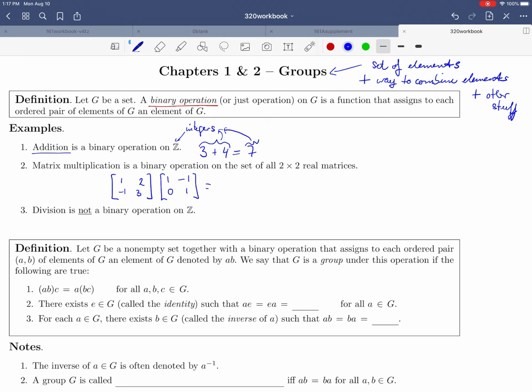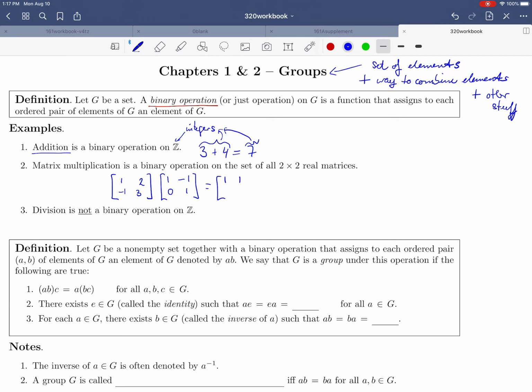using our normal rules for matrix multiplication, so 1 times 1 plus 2 times 0, that is 1. And then the first row second entry is first row in the first matrix times second column in the second matrix. So that's 1 times minus 1 plus 2 times 1.